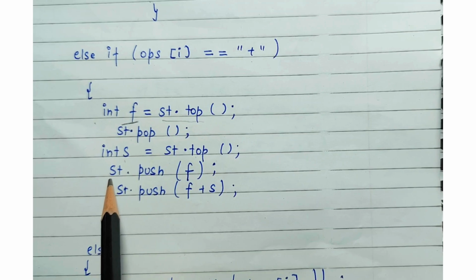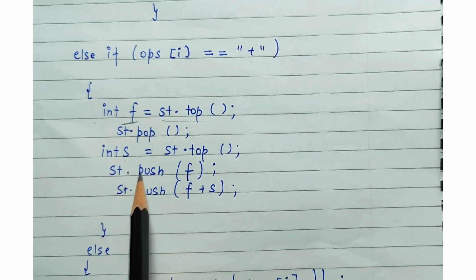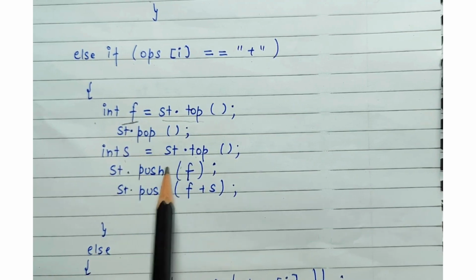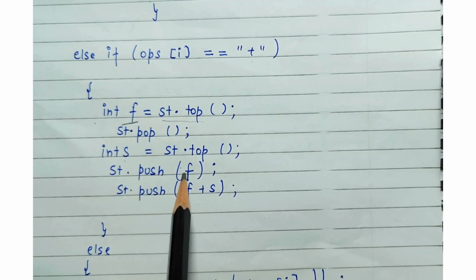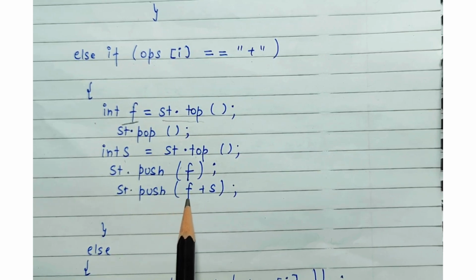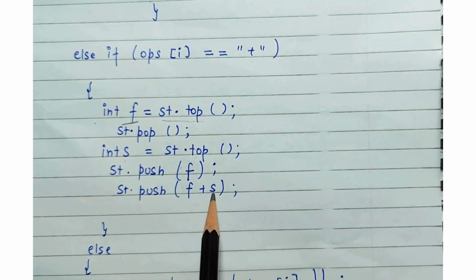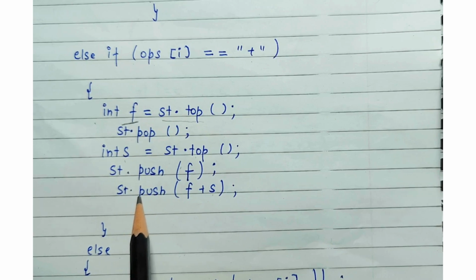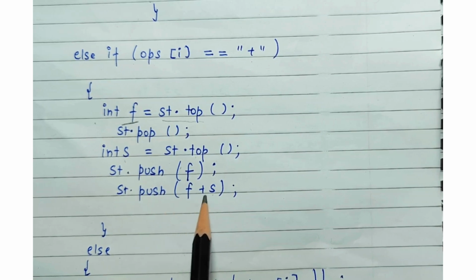So I just push the value of f. So I write here stack dot push f. After this we have to push the sum of the first plus second value. So I write here stack dot push f plus s. In this way the sum of the two records is pushed into the stack.